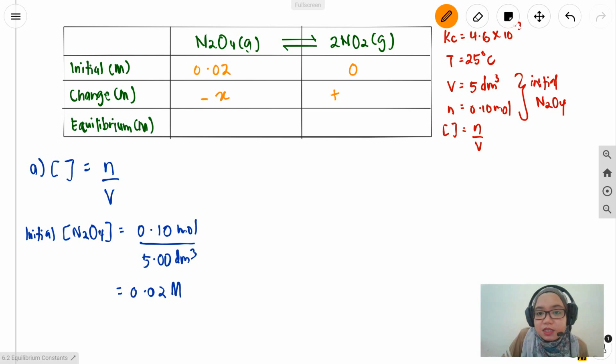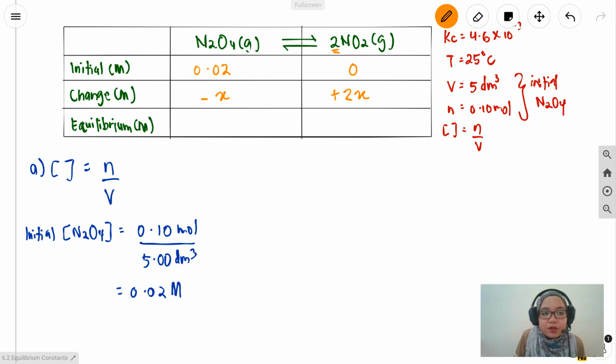Since the coefficient is 2, it will be 2x. This is negative because it will be used to form this. So this is reducing, this is increasing. This is x because it has 1 as a stoichiometric coefficient. This one is 2 because it has 2 as a stoichiometric coefficient. So negative x, plus 2x.